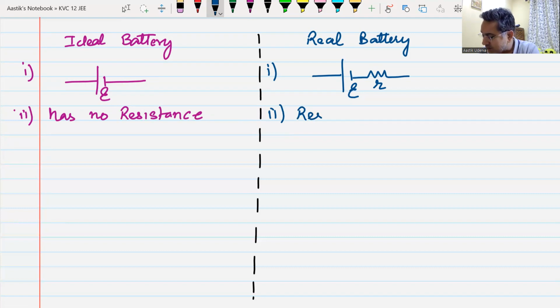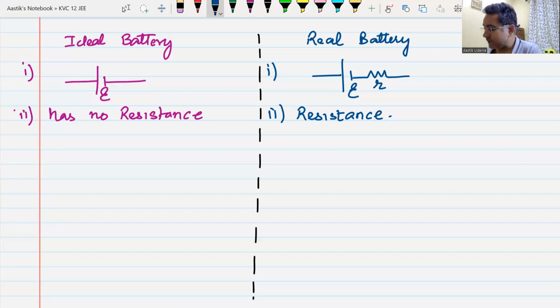So it has a resistance as well. Do we understand this? Yes or no? An ideal battery has no resistance. A real battery has some resistance. We understand this?